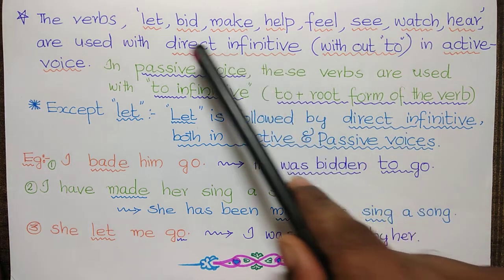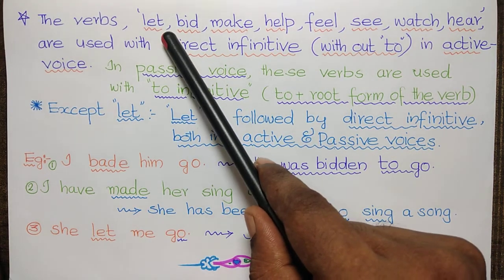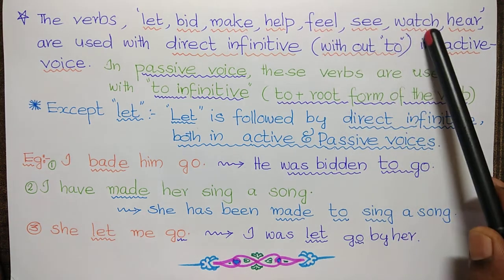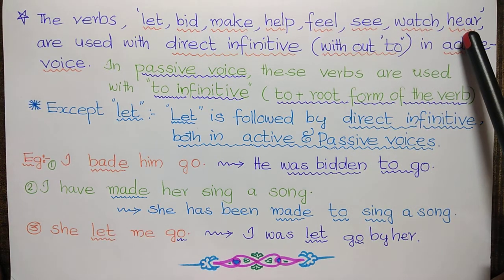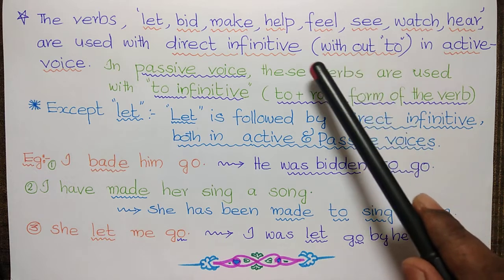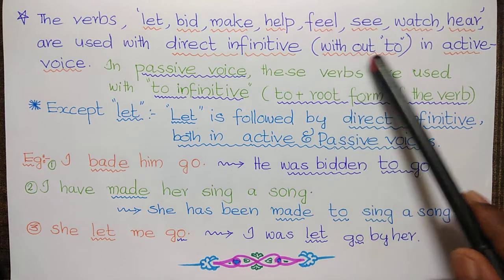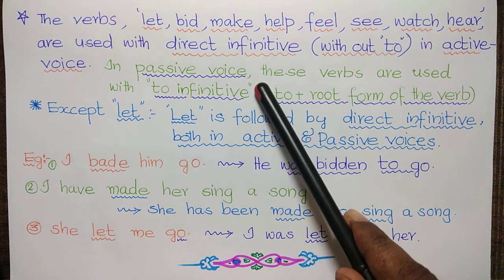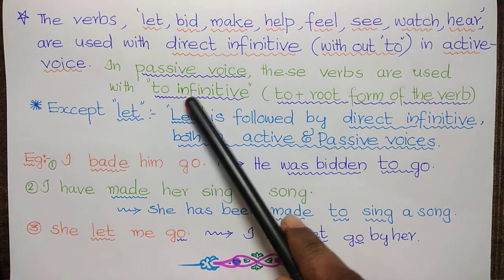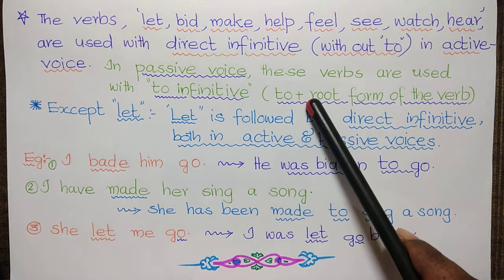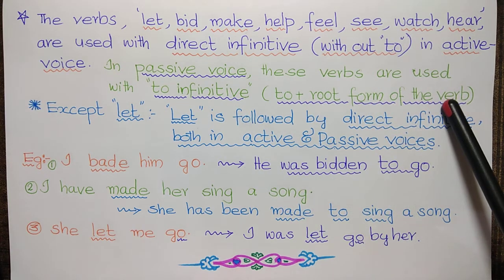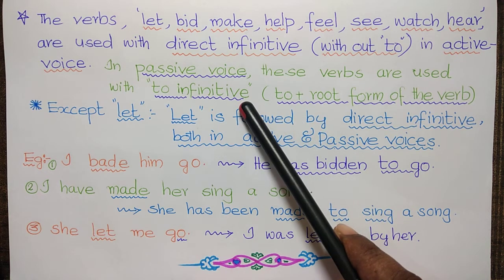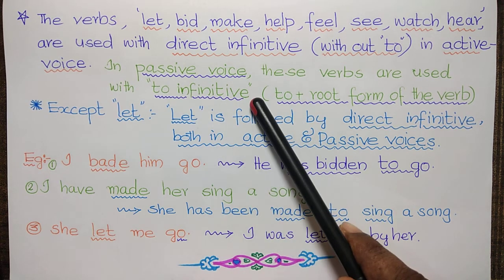In active voice only, these verbs are used with direct infinitive without to. In passive voice, these verbs are used with to infinitive, that means to plus the root form of the verb. So in active voice there is no to, but after conversion we have to add to.